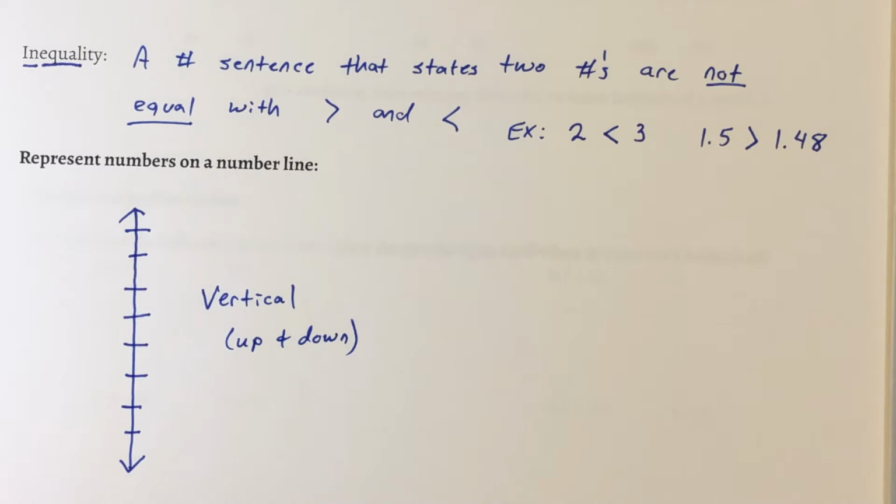One thing to keep in mind when putting numbers on any number line, you can't just put numbers wherever. You have to be careful with their spacing. You have to check what each number is next to.